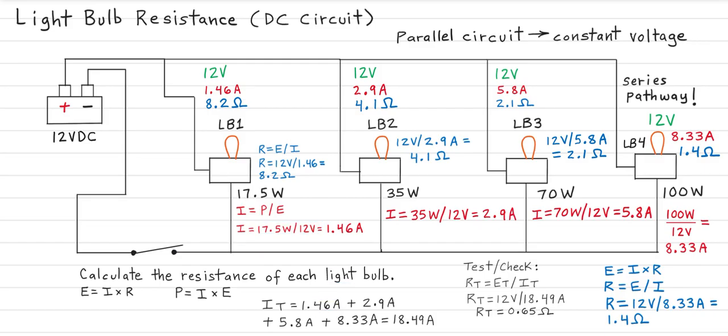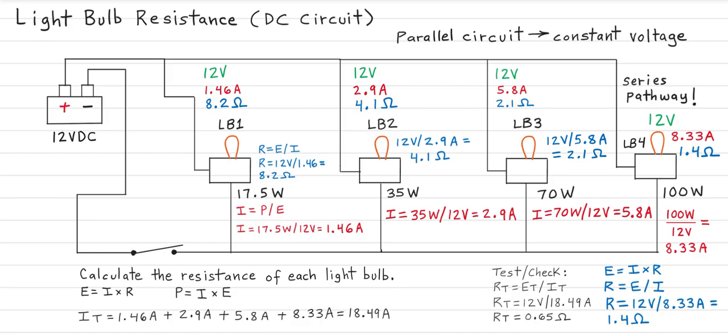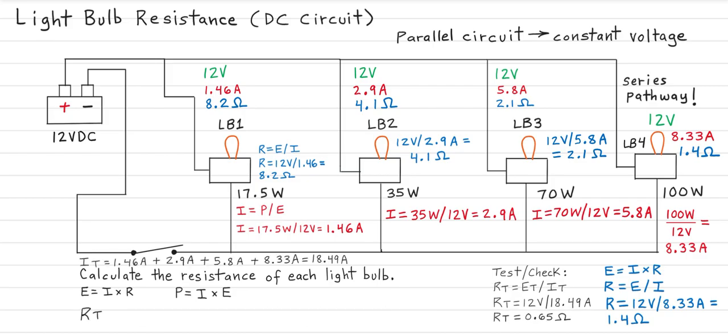So now we can use the inverse sum law of simply taking the reciprocal of every ohms value: 1 over 8.2 for light bulb 1, plus 1 over 4.1 for light bulb 2, 1 over 2.1 ohms for light bulb 3, and then 1 over 1.4 ohms for light bulb 4.